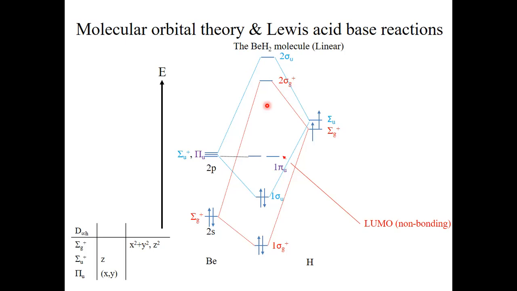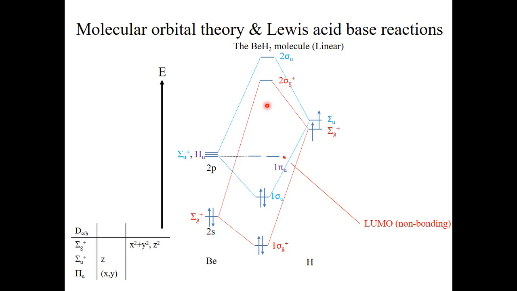If it was too high and the LUMO was antibonding, the energy would be so high that electrons would unlikely be donated into this energetically very high LUMO.